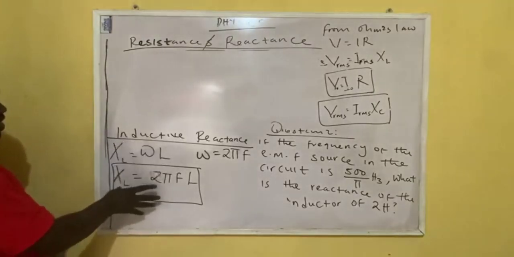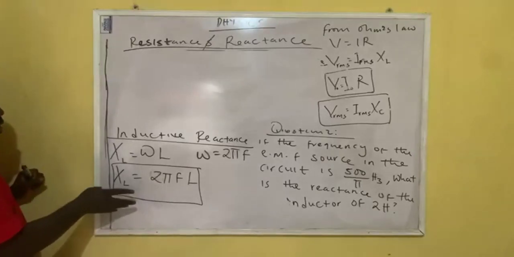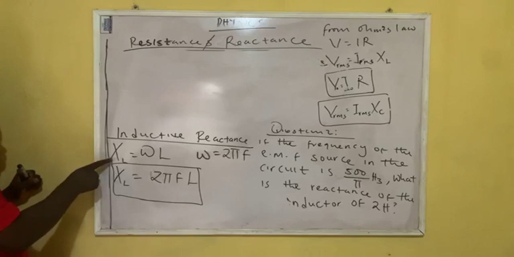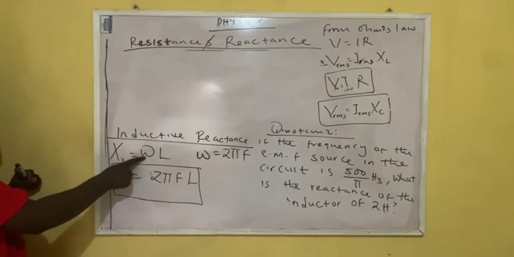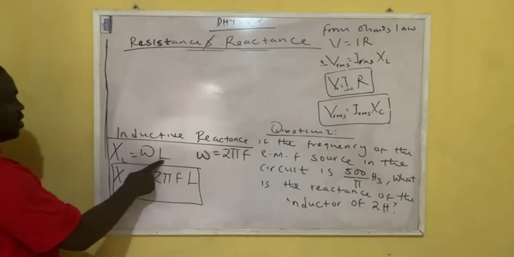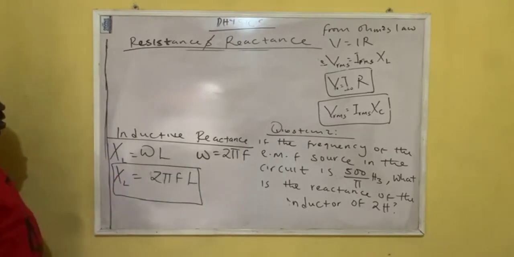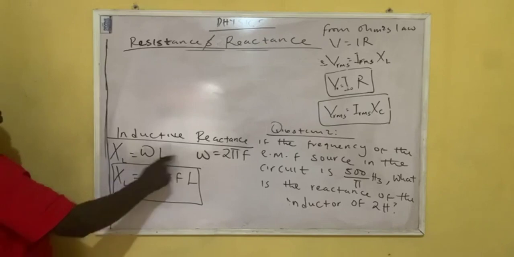Okay, so inductive reactance, this is quite self-explanatory, and I've already done justice to it in the last video. So this is your angular frequency or angular velocity, and then you have your inductor here, and then you have your frequency here, because in place of this, you could have this.